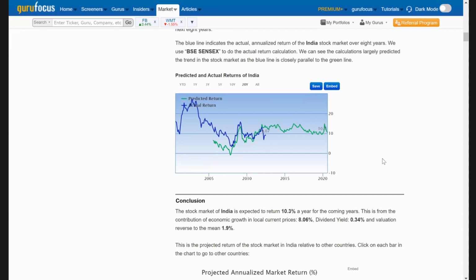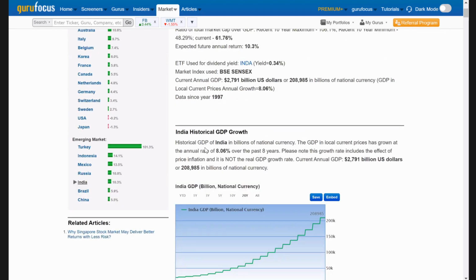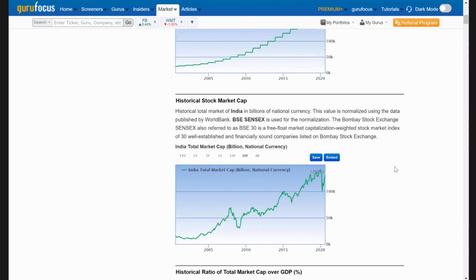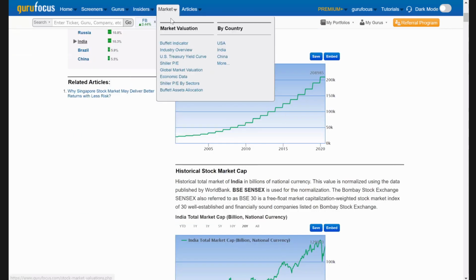That means this model, at least historically, quite well predicted the market return for India. So most likely it will do a pretty good job for the future as well. And you can see the different countries. I'm not sure why Turkey says 100% here. I need to double check the number. Sometimes there may be a bug.